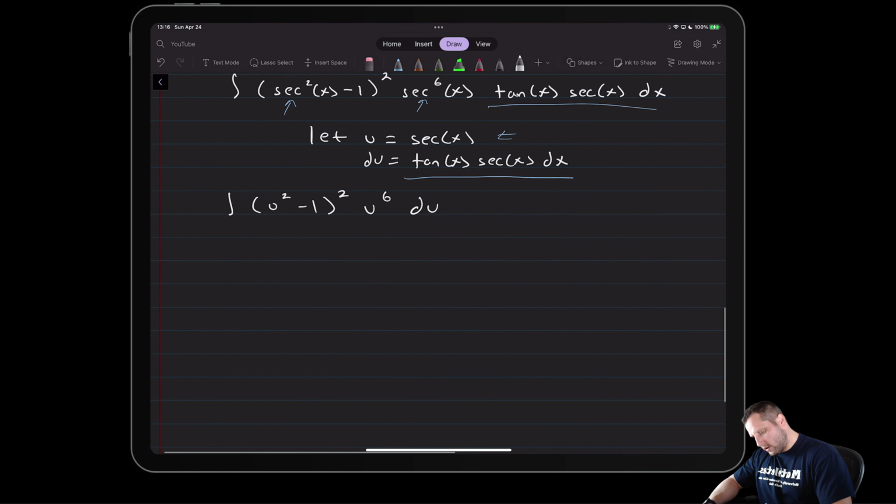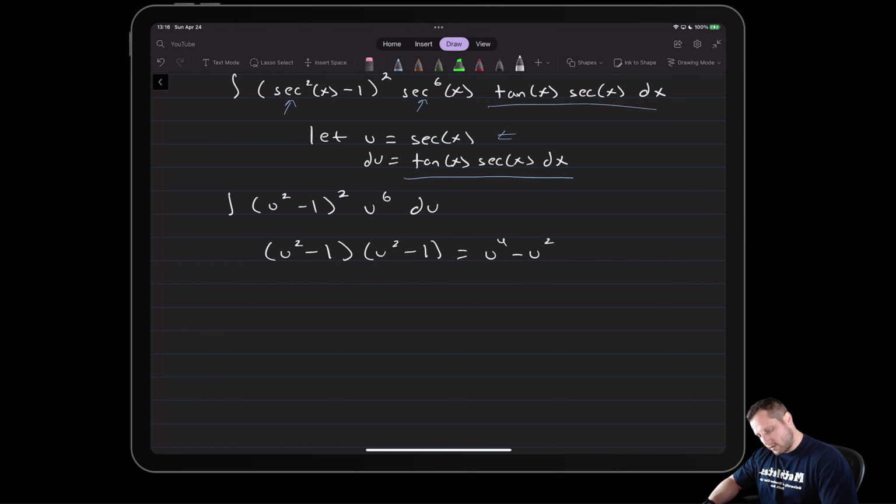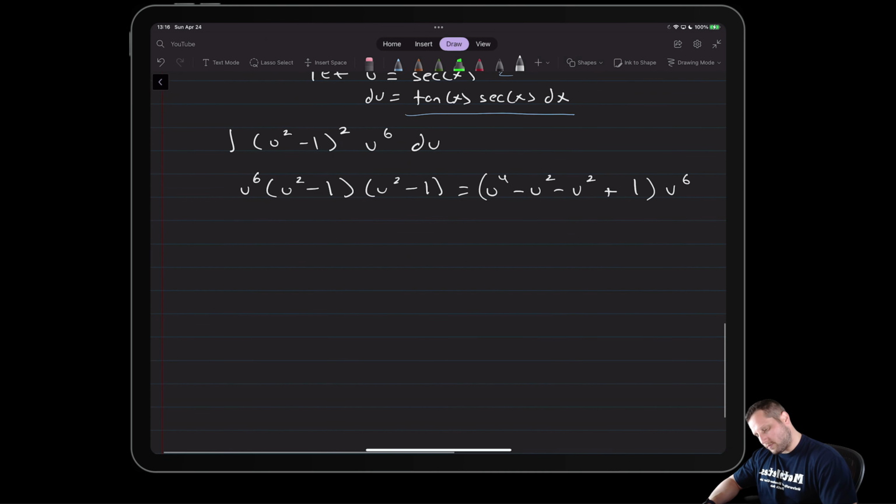So let's go ahead and FOIL this out. So we have u squared minus 1, u squared minus 1. So this is going to be u to the 4th minus u squared minus u squared plus 1. And then we want to multiply this whole thing by u to the 6th. Okay.